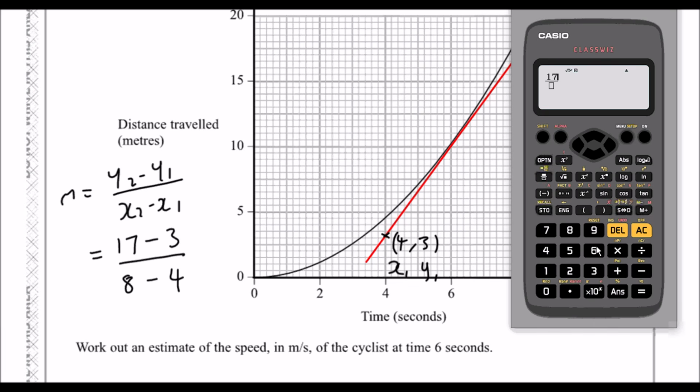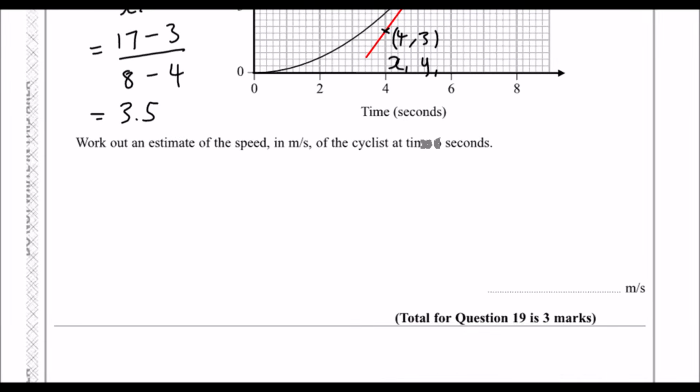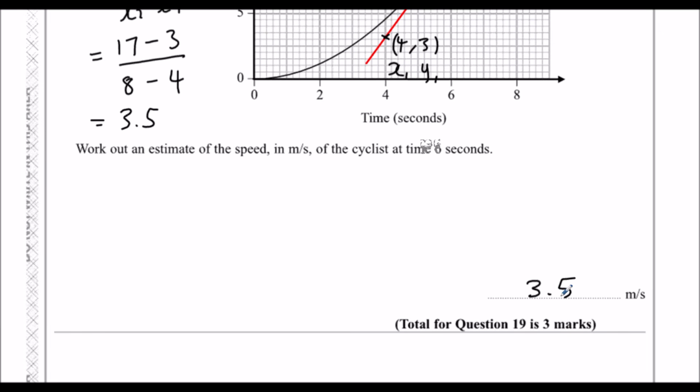And I've got 7 over 2, or 3.5. So we've got 3.5 meters per second.